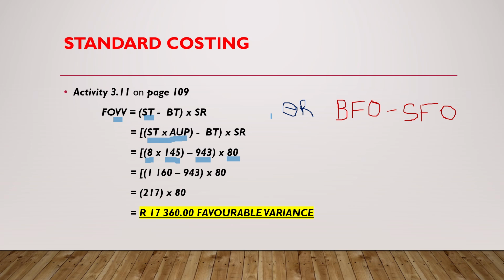So we can use this formula, and we have all that information from the question. Then you do the calculation, you get 1,160, minus 943, multiplied by 80 rand.